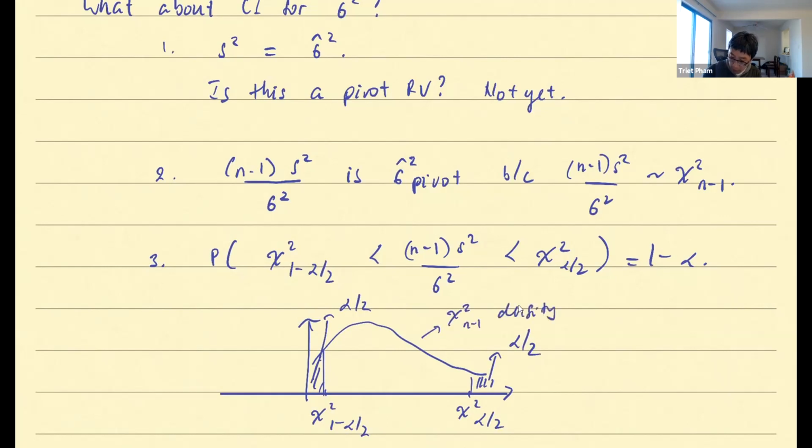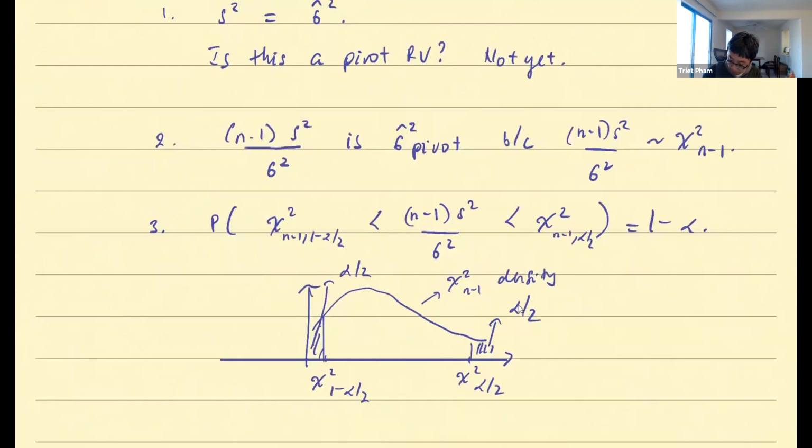And I'm being sloppy because I need to throw in the n-1. Otherwise, I'm not completely identifying my chi-square yet. Are we okay? Any question?